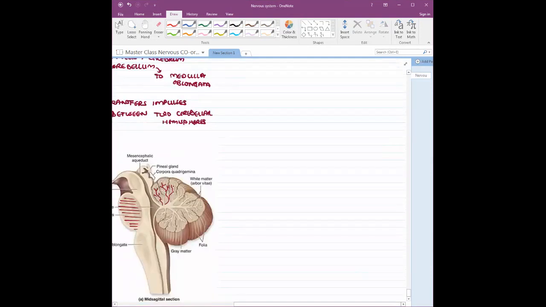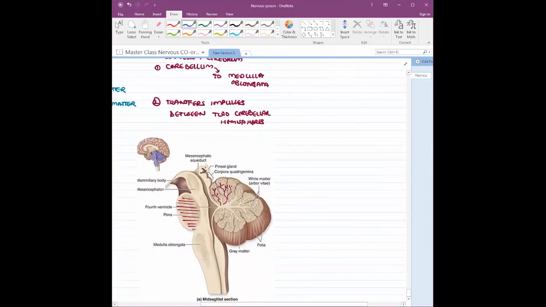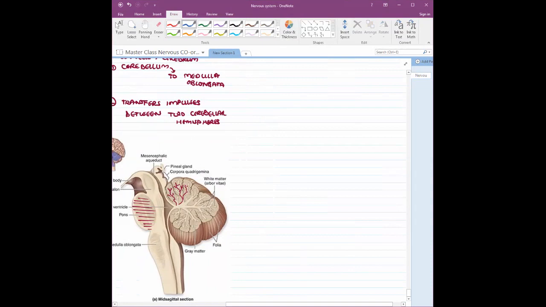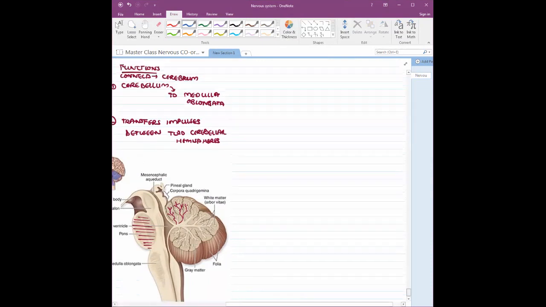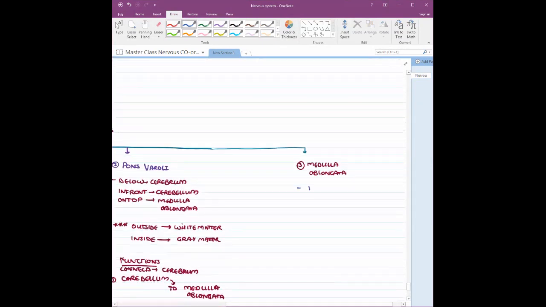Right now I've just shown you in this diagram itself, it is going to be exactly below the pons. Second thing, guys, what is this going to give rise to? This gives rise to your spinal cord later on.